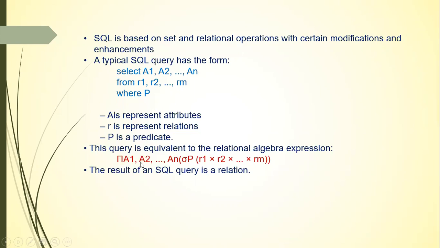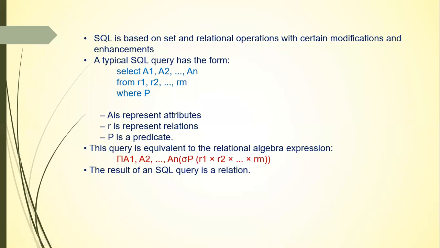Attributes are represented, and sigma here represents the predicate. Under this sigma we can mention the condition. And here we retrieve the particular records according to these conditions from this particular table. That is nothing but the SQL syntax or structure of that particular query.